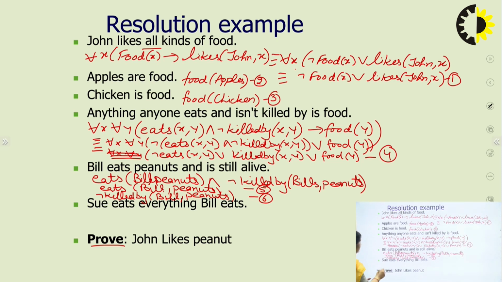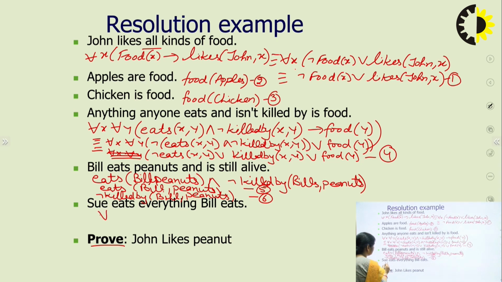Now the next statement. The next statement says that Sue eats everything Bill eats. It means if there is something X which Bill eats, then Sue also eats that.